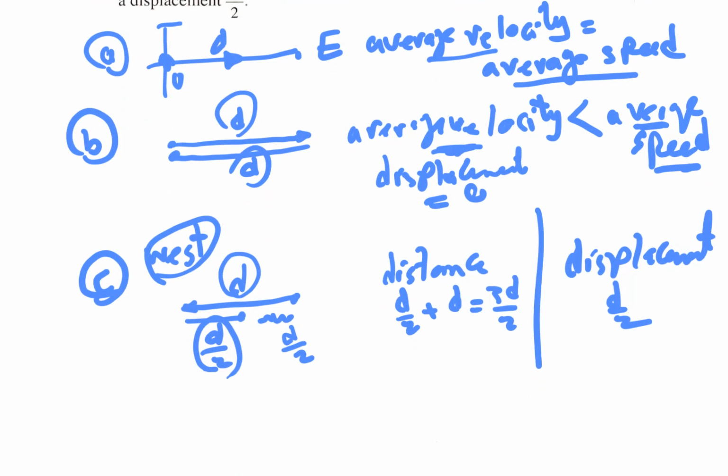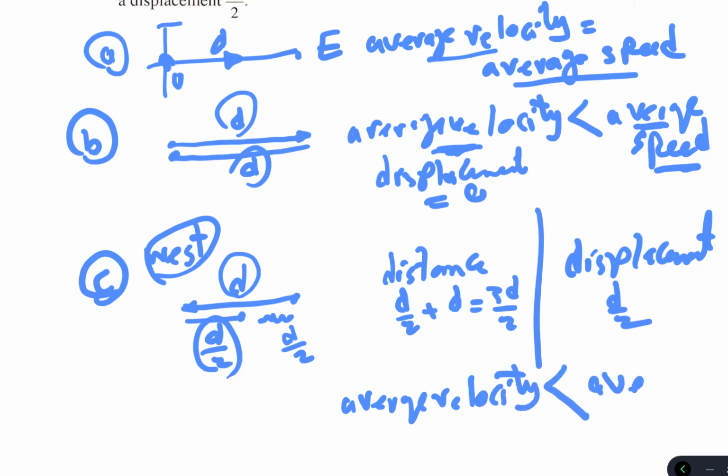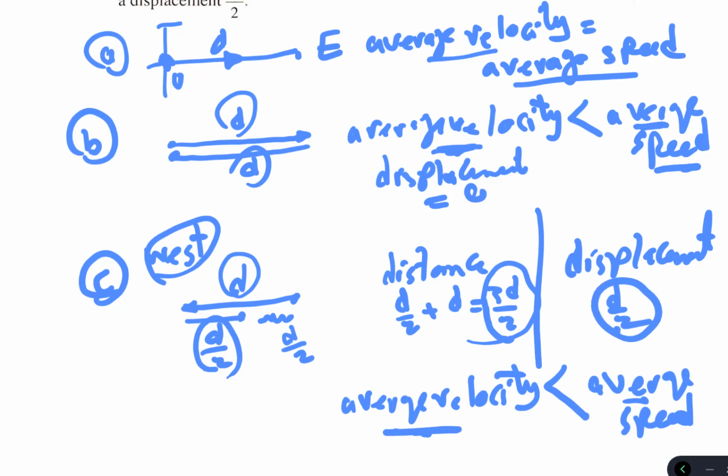So the average velocity is also less than the average speed, because to calculate the average speed you divide 3D over 2 over time, but when you calculate the average velocity you divide D over 2 over the same time. So the average velocity is also less than the average speed.